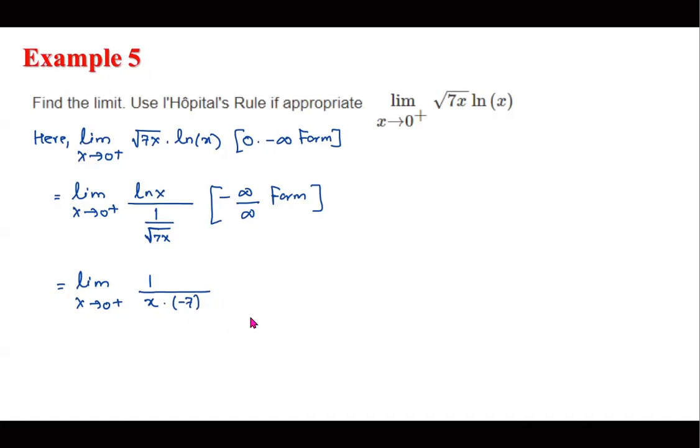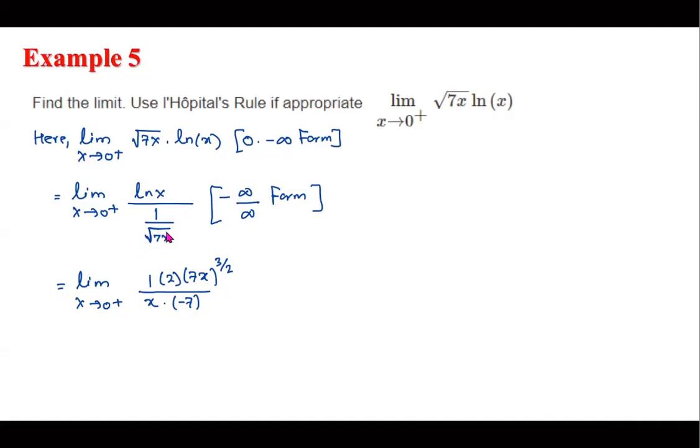Dividing here is the same as multiplying in the numerator. That is equal to negative 7 over 2 times 7x raised to 3 over 2. You can find the derivative of this one and check it.